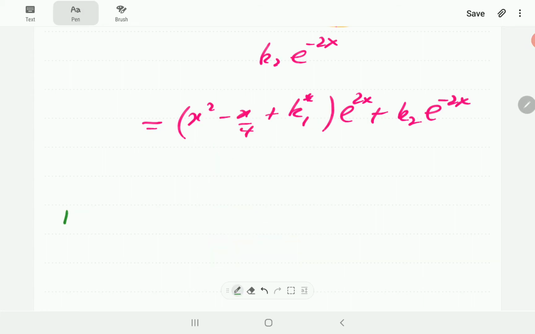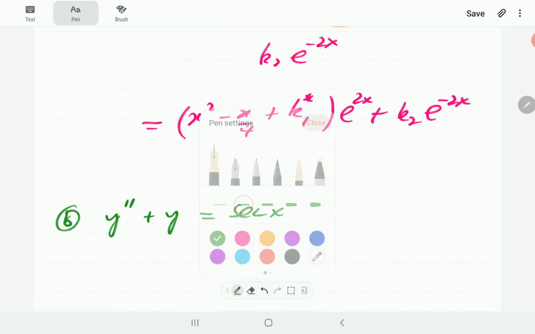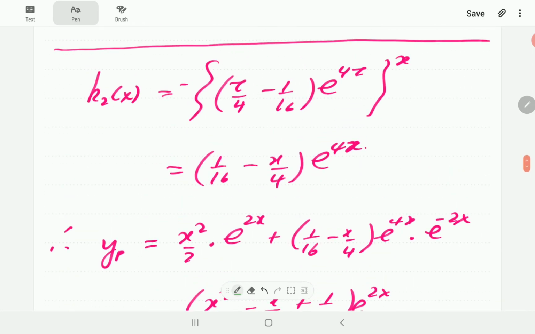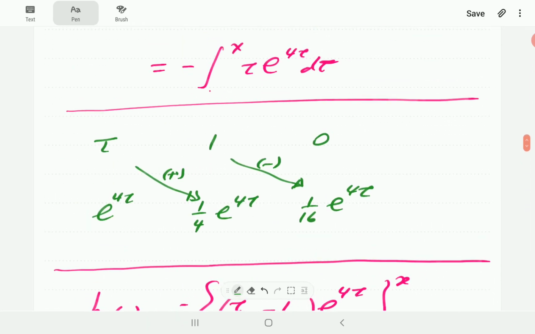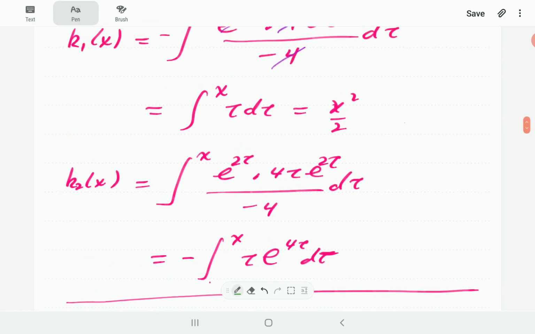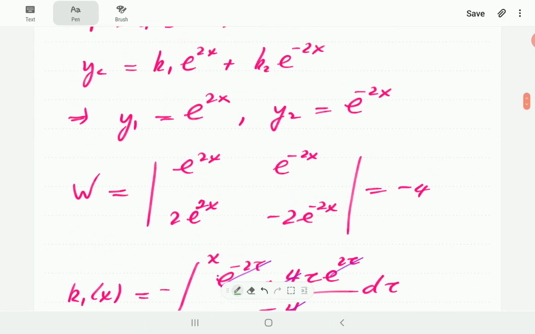So in part B we have y double prime plus y is equal to secant x. Before we go on, let's comment on the fact that the first example here can also be solved using the method of undetermined coefficients.